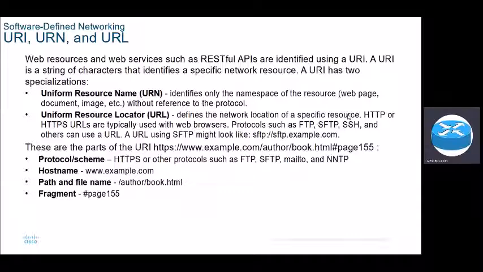These are the parts of the URI: HTTPS is the protocol, then the host name, www.example.com, then the path within the web server to actually get the page, and then the fragment, which is a page number.